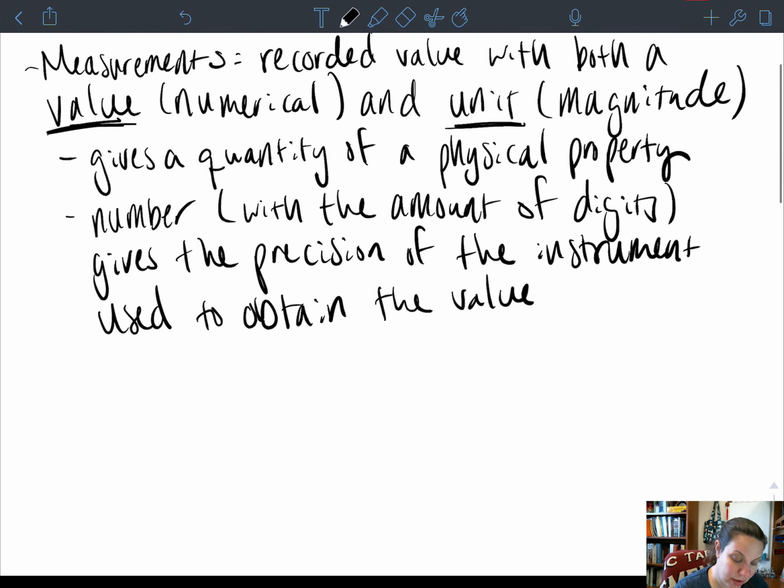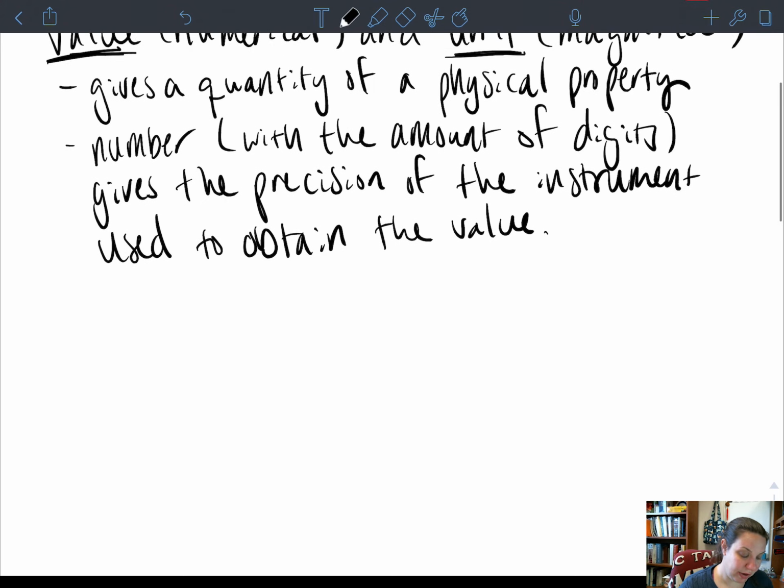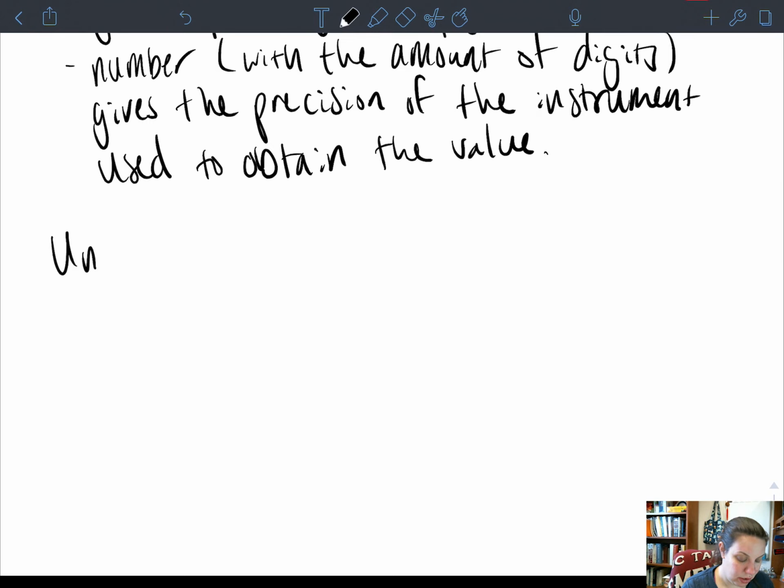But the number itself is important. And the unit itself is important. And we're going to look at units first. Our unit tells us, again, what our magnitude is. A lot of times we'll look at what's called SI units. And these are a decided upon system or set of units within the metric system.